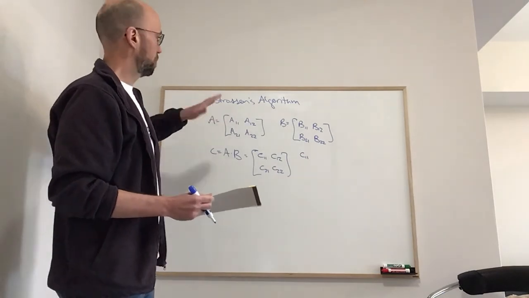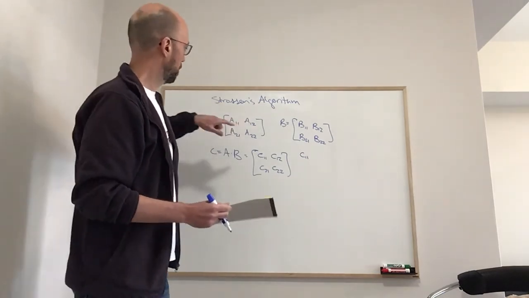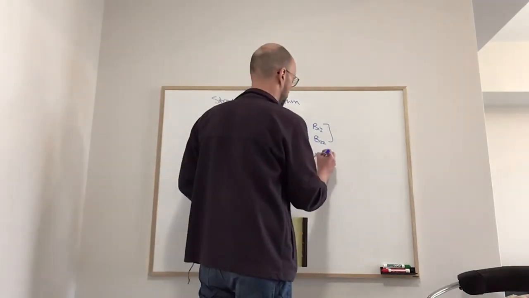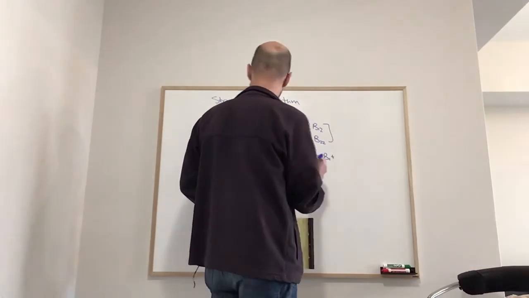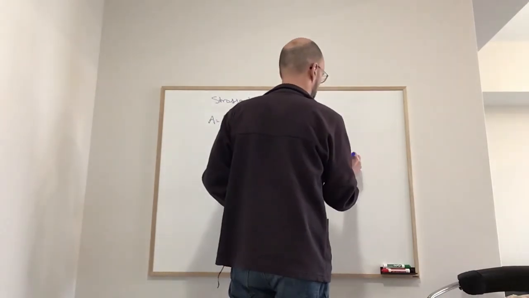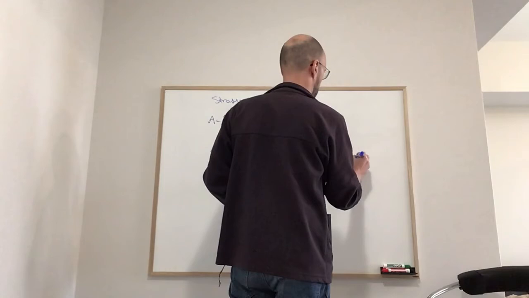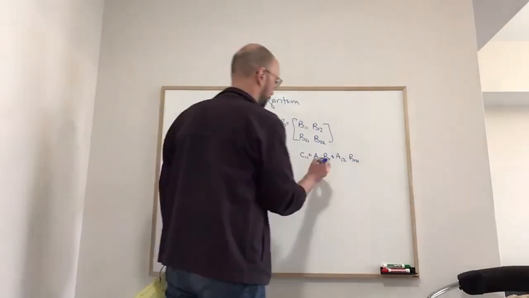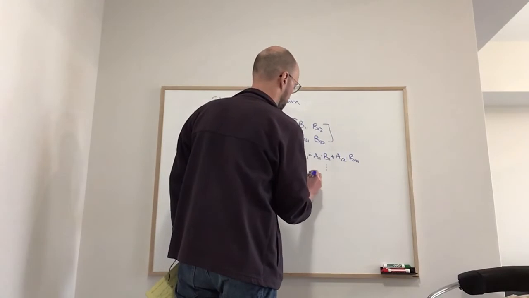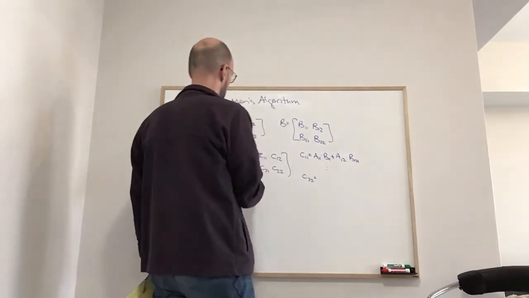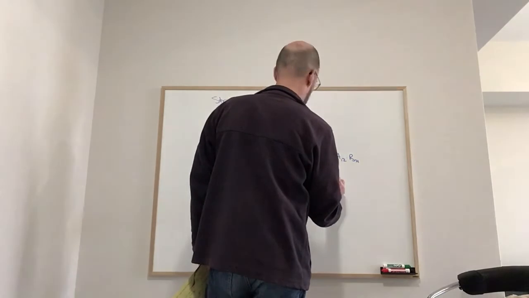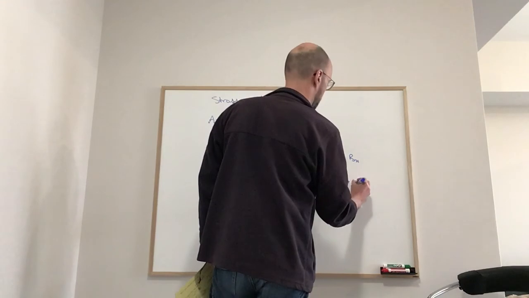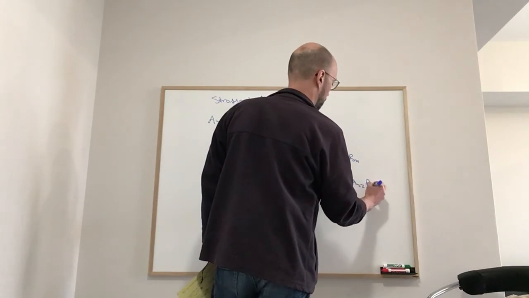It's the first row of A times the first column of B, so it's equal to A11 times B11 plus A12 times B21. True? Yes. And then you go down until you get C22, which is equal to A21 times B12 plus A22 times B22.